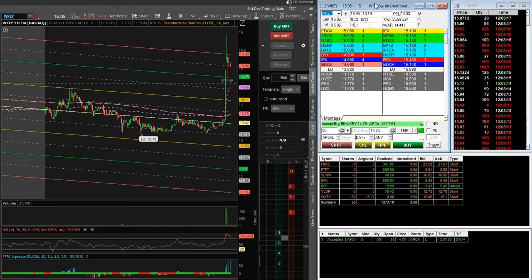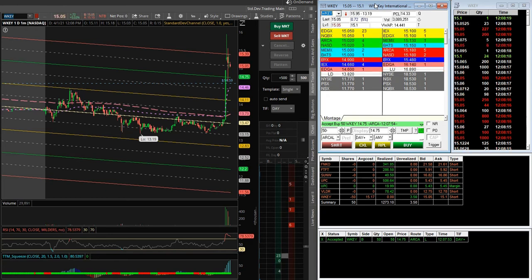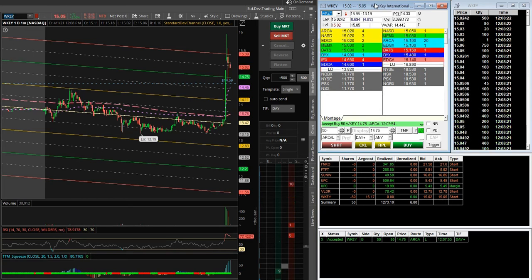Target will usually be at the next standard deviation level, which is at $14.74 at the moment.